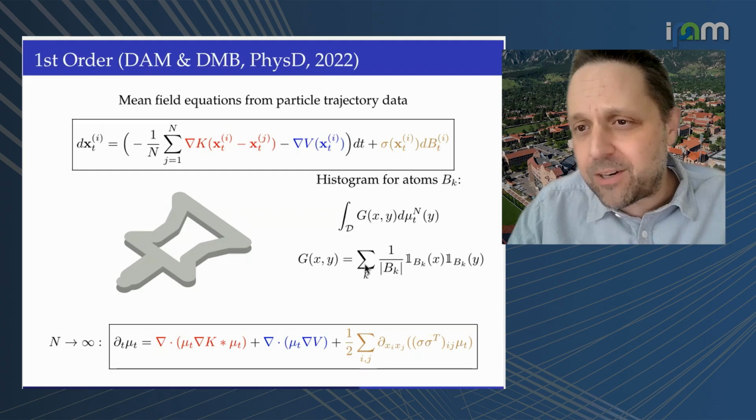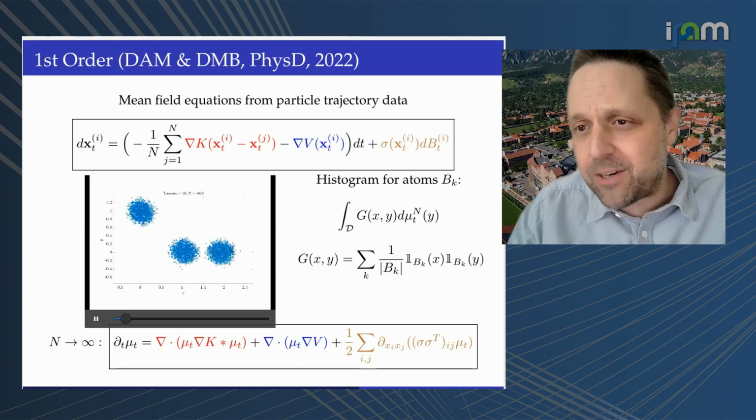You can then take the weak form of that, and this will allow you to discover this mean field PDE, which has all of the things you care about. It's got the potentials in here, and it has the diffusivity, basically the diffusion coefficients. So if you run a bunch of particles, and we're going to look at the histograms of these particles, there's maybe 4,000 particles here that are all running around.